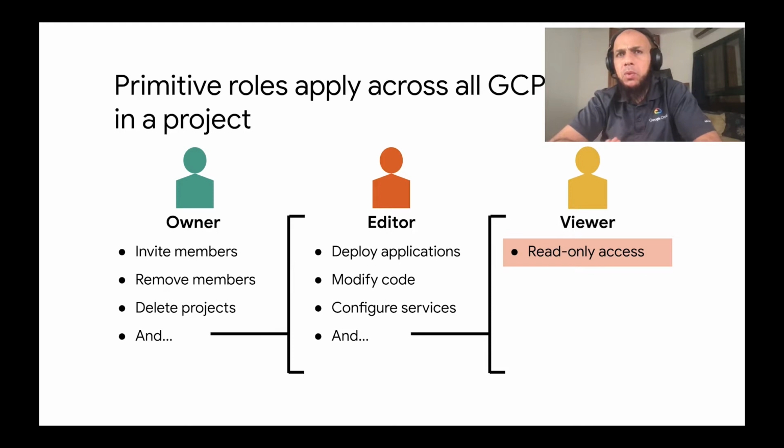The primitive or basic roles have three types. I've got the viewer, somebody with read-only access to all the resources. I've got the editor, somebody who basically has edit access to data. They can add data, remove data, configure services, add services, deploy code, and so forth. The owner will have all the permissions of the editor and the viewer.